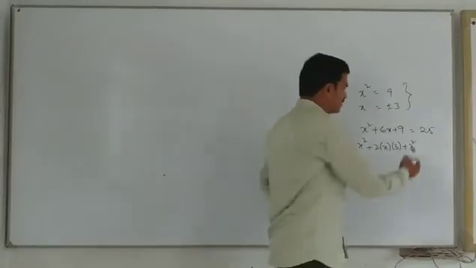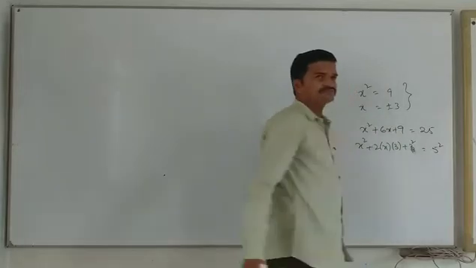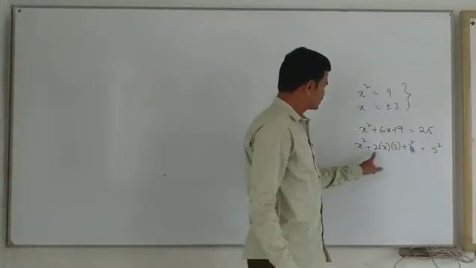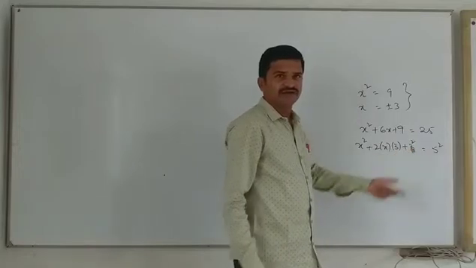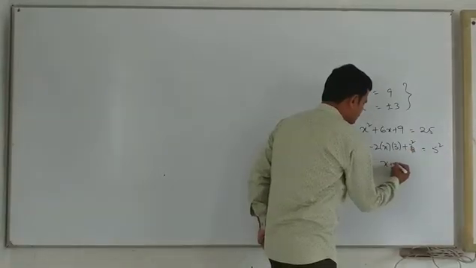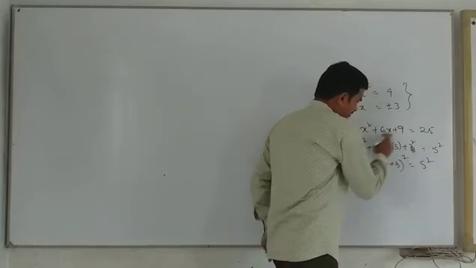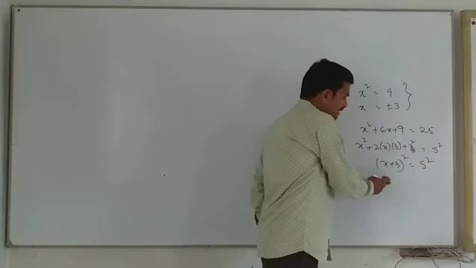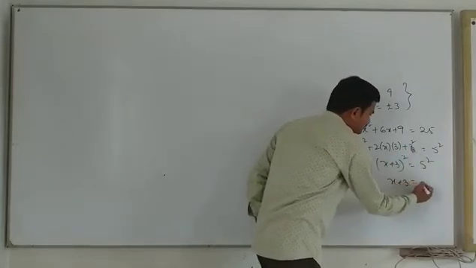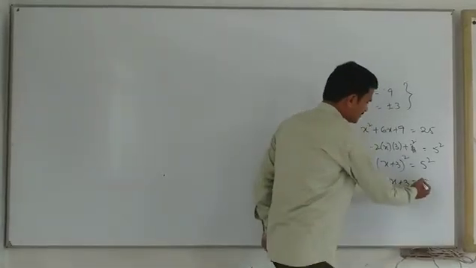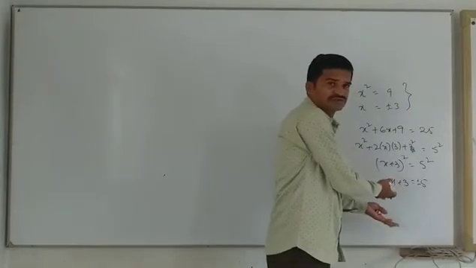This is 5 square. Now a square plus 2ab plus b square means (a plus b) whole square. So x plus 3 whole square equals 5 square. Now it came into the complete square form. As powers are equal, base is equal. Then x plus 3 equals plus or minus 5. Then we are getting two solutions.